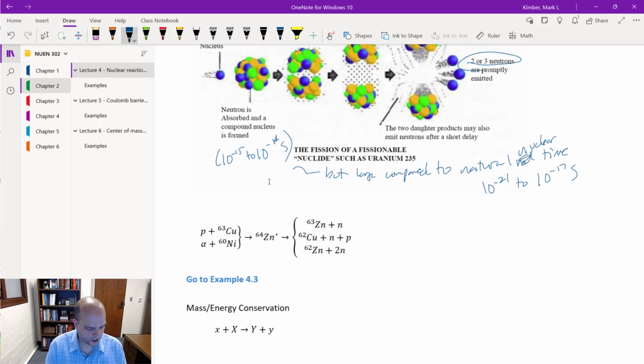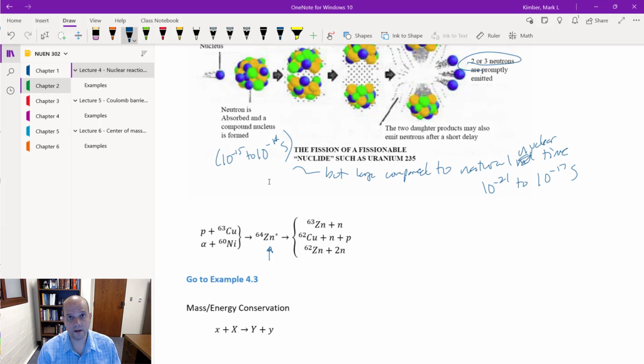I could achieve this excited state of zinc 64 through many different avenues. 2 of them are illustrated here. I could have copper 63 and a proton targeting that nucleus, or I could have nickel 60 and an alpha particle. If either of those were to happen, in both instances, they become this zinc 64.